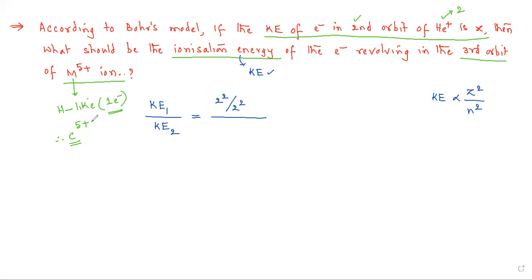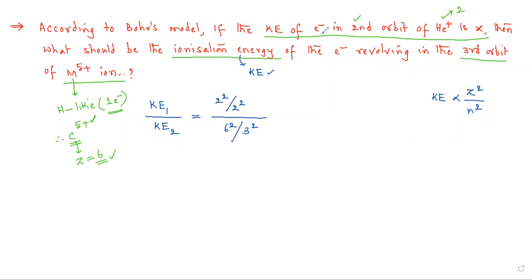When 5 electrons are lost, it will be left with 1 electron, and it is written as 5 plus. So here in this case, Z is equal to 6. Now coming to the second case, it is 6 square by n is 3.